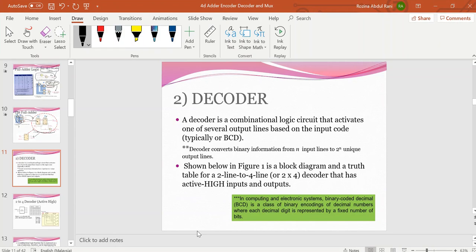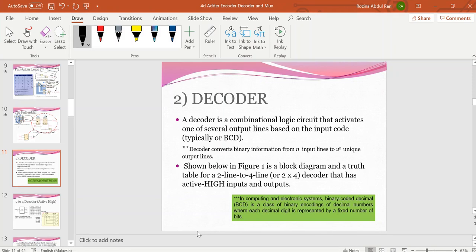So now we consider the second MSI device, which is a decoder. So what is a decoder? The name decoder means to translate or decode coded information from one format into another.